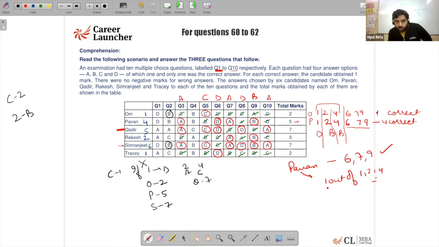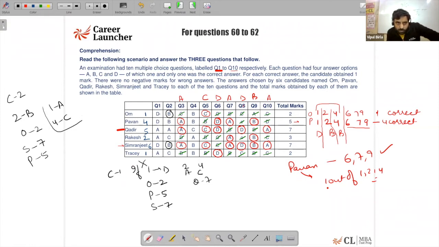So Om will have 2 correct, Simranjeet will have 7 correct, and Pawan will have 5 correct. Right. So the other 2 have to be corrected for Kadir, because then only Kadir will have 7 correct. And therefore I can say for 1 it is going to be A, and for fourth it is going to be C. So let's see with this case.